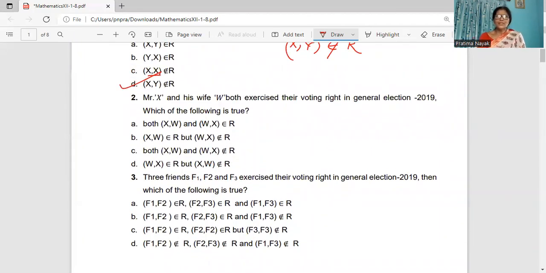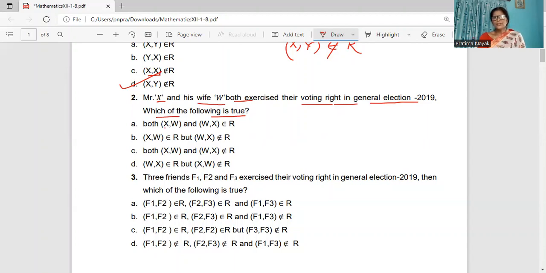Question number 2 is again about husband and wife, Mr. X and his wife W. Husband is X and wife is W. Both exercise their voting right in the general election 2019. Which of the following is true? There are again 4 parts.